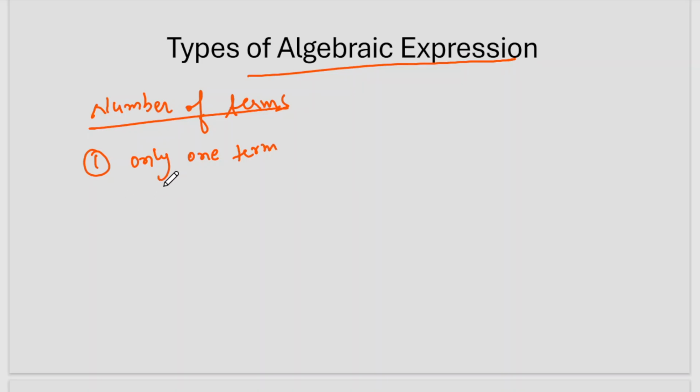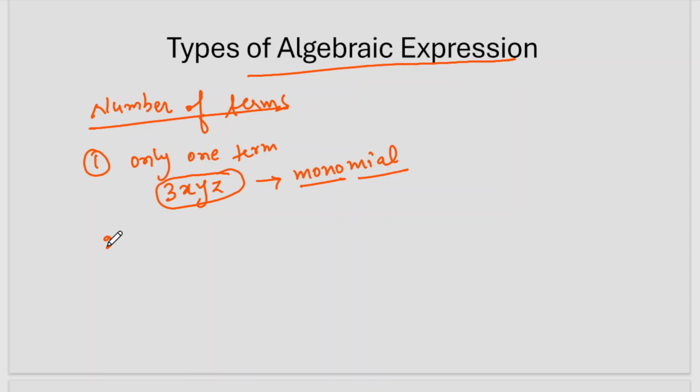Let me take an example. Suppose I write just 3xy. I have just a single term in an expression. This will be called a monomial. Mono means single, and nomial means terms. So in any algebraic expression, if you have only one term, it is a monomial.